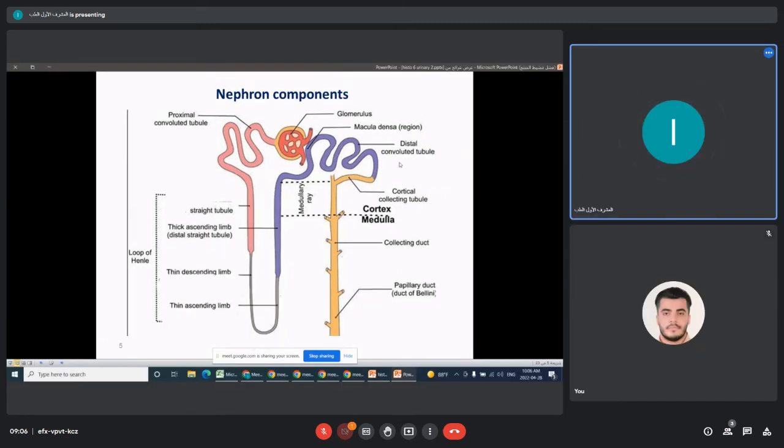The lining of the distal convoluted tubule, which is involved in tubular reabsorption, is simple cuboidal epithelial cells, and as mentioned, it's different from the proximal convoluted tubule.